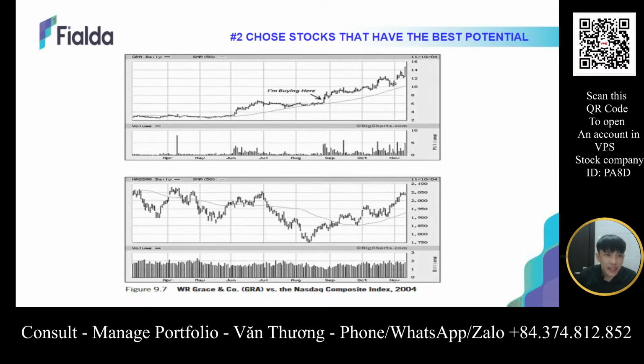The next stock is GRA. So you can see here the general market is in a downtrend, but this stock is in an uptrend, and you can see here the leader stock based on a VCP, volatility contraction pattern, which Mark Minervini pioneered. On this day this stock broke out of the VCP, Minervini bought here, and you can see here the little stock had the big return.